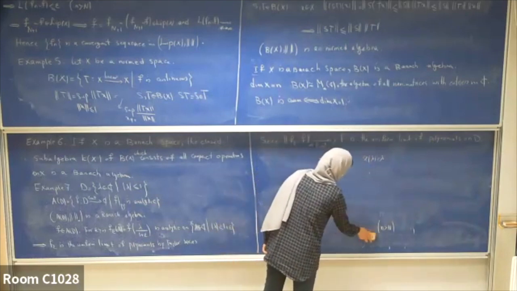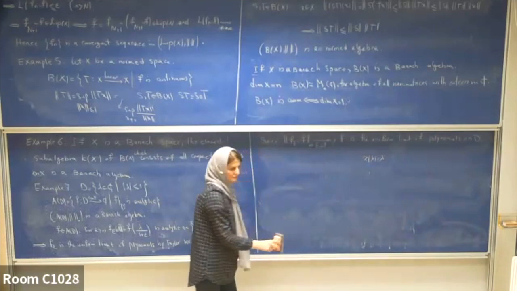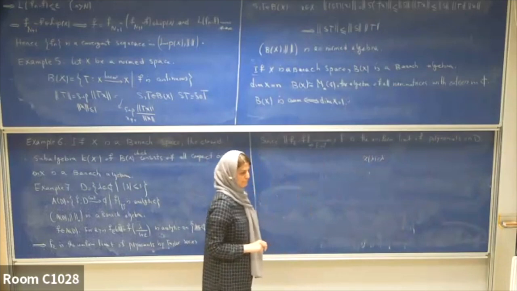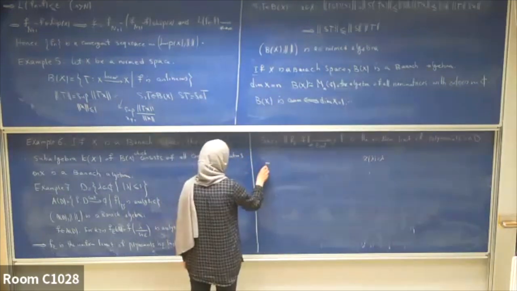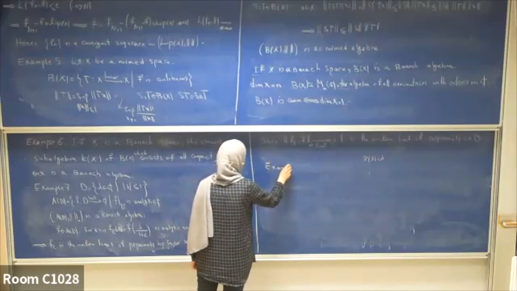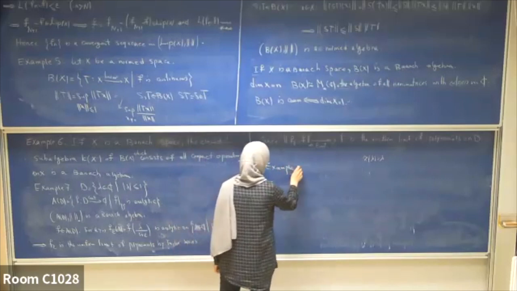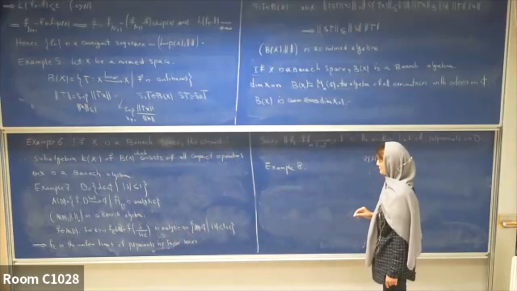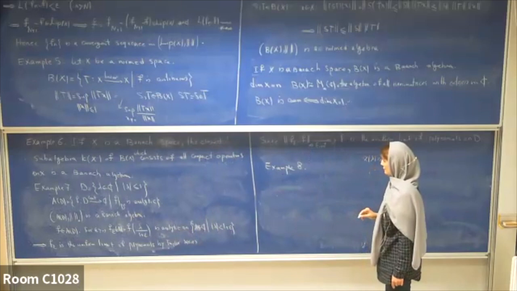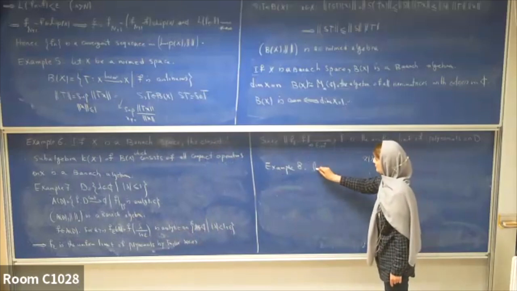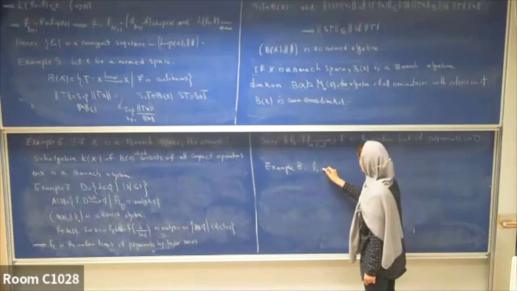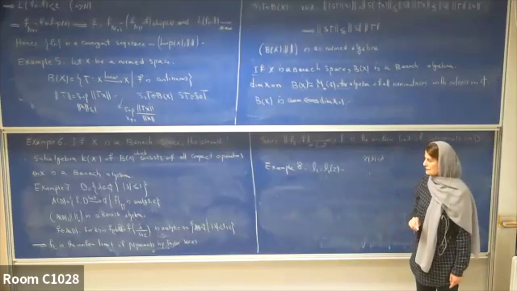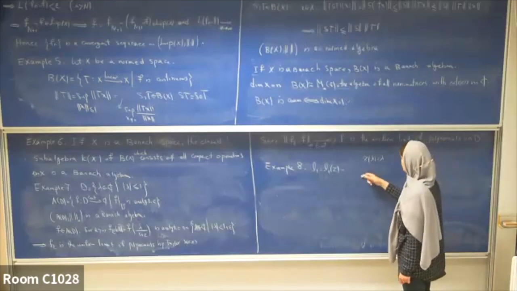And now the last example. Little l1, I mean l1 of Z. You know this space from real analysis, of course, you've definitely seen it before.